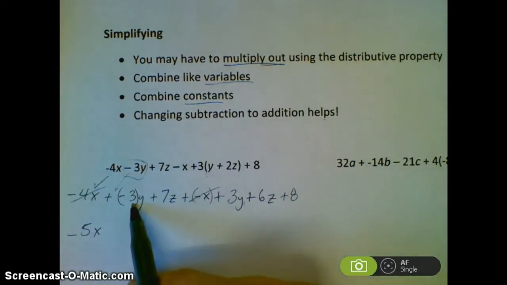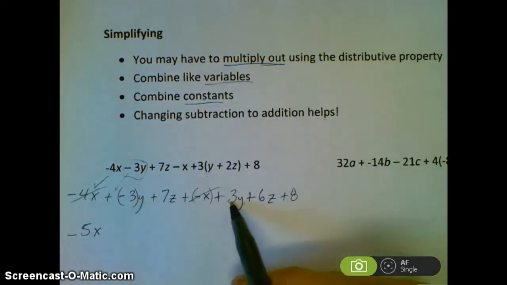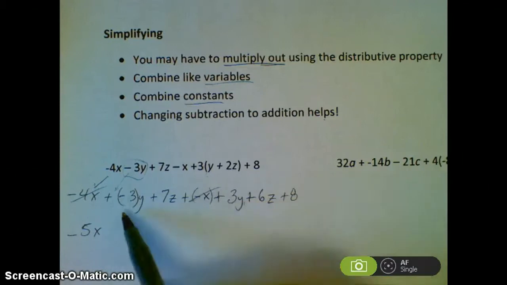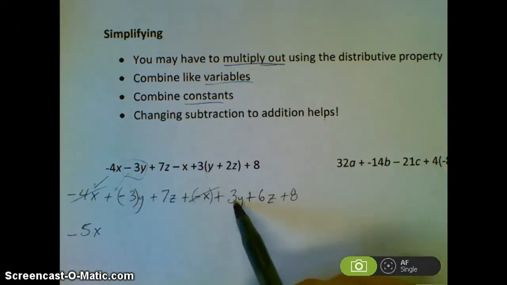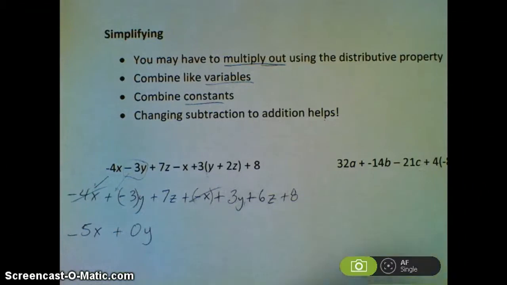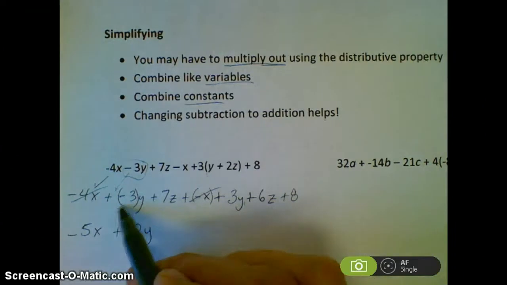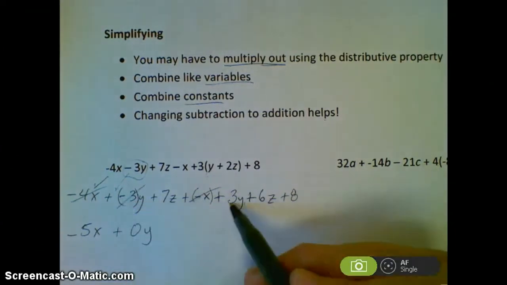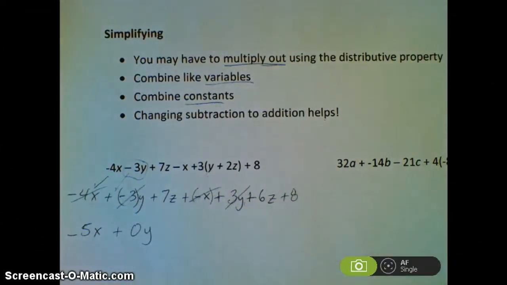I've got negative 3y, and I'm going to add another 3y. Well, negative 3 plus 3 is 0. So I could write out plus 0y, but that's nothing, so I can actually leave that out when I simplify. I'm just going to cross those out to keep track of my work.